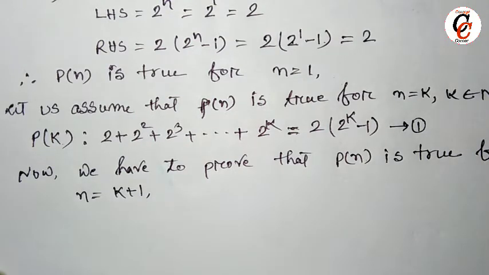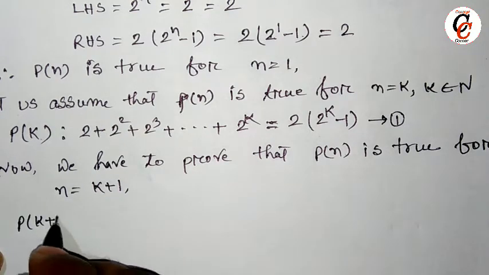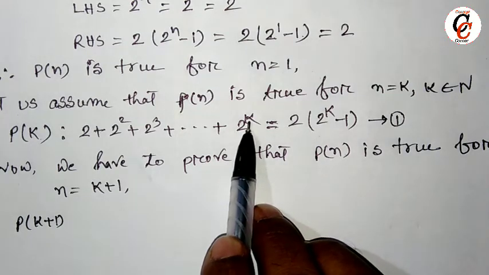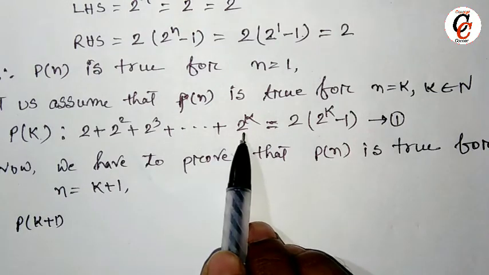So we have to prove for n equal to k plus 1, that is the main part of the sum. So we will write P(k plus 1), k will be replaced by k plus 1. Here k number of terms are there, so the value ends at 2 to the power k.